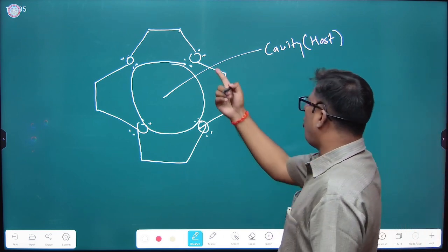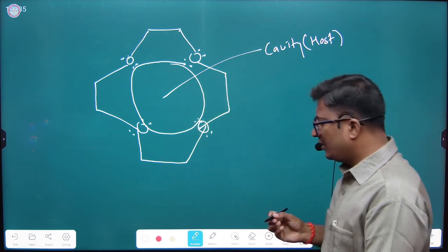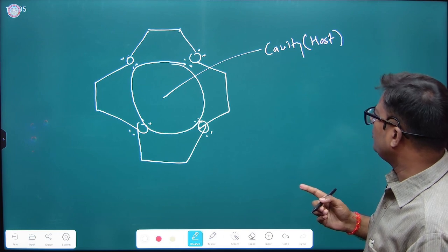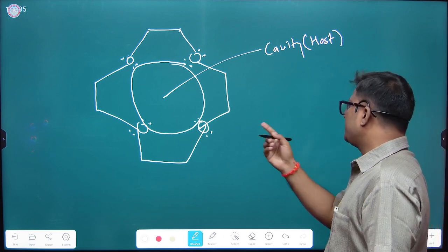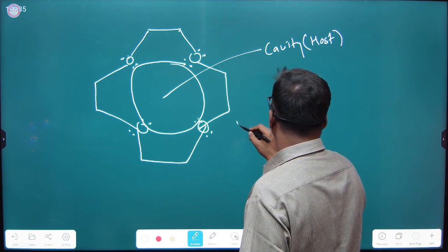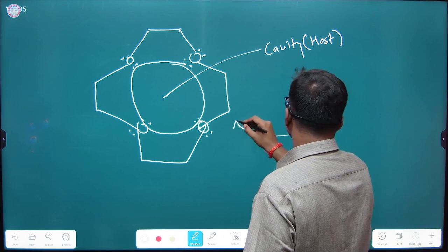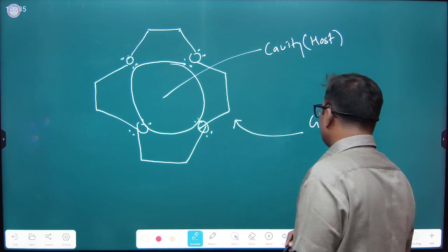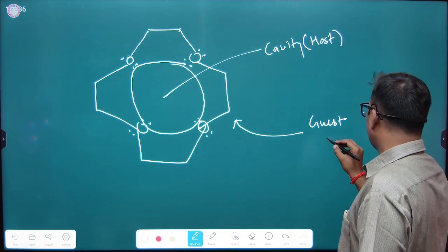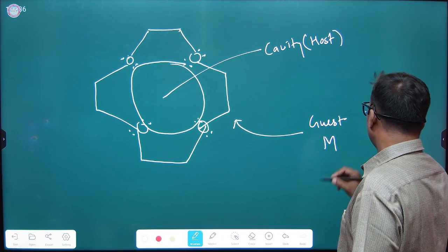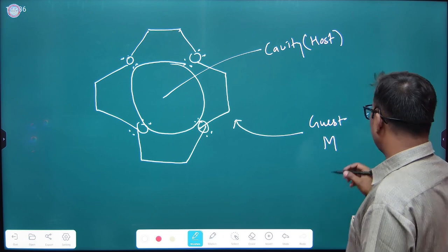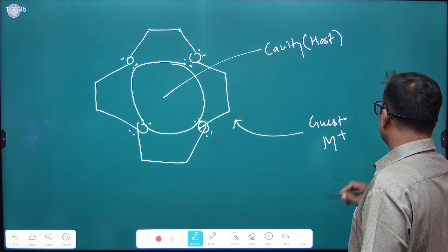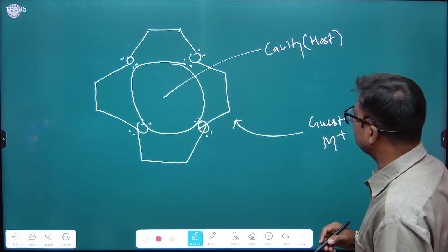So only the oxygen atoms can donate their pairs of electrons to a guest species. If there is a guest species, G-U-E-S-T, that is any metal in a particular oxidation state, suppose for alkali metals, here is M plus, for alkali metal cations.